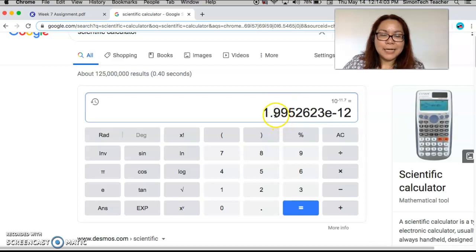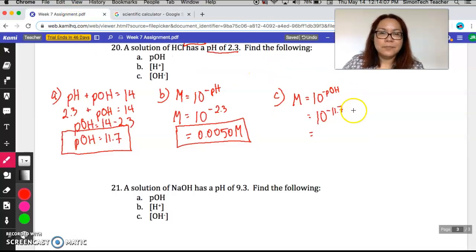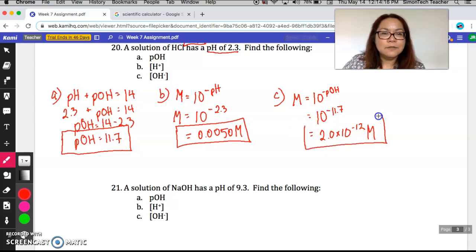Round that up, it'll be 2.0 times 10 to the negative 12. 2.0 times 10 to the negative 12 is your concentration for the base.